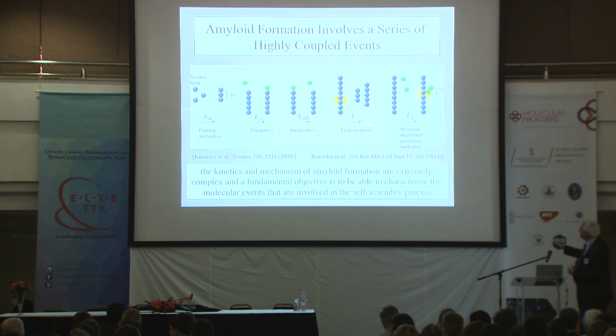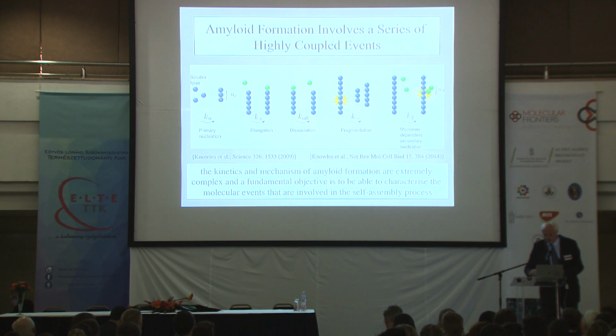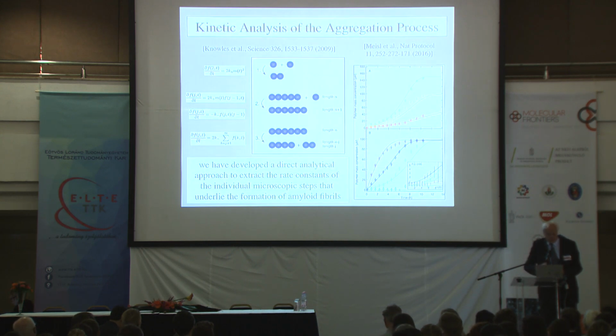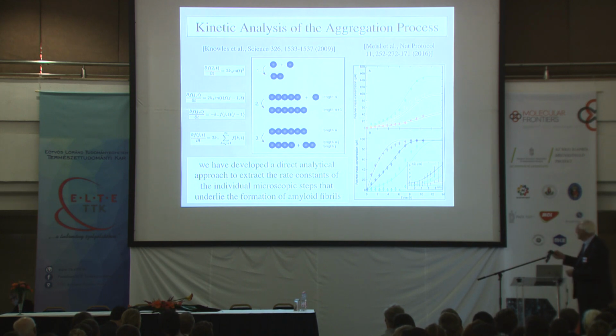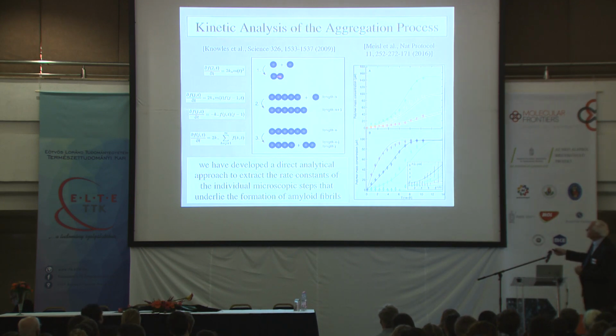But we can see that in order to understand the mechanism, we'd have to identify the nature of these different molecular events. And this is the only equation I'm going to show, I think. You don't need to understand anything about it if you're very biologically inclined, but a really great breakthrough occurred in 2009, again by Thomas Knowles, who took these different steps in the assembly process and wrote down the differential equations explaining the rates in terms of rate constants.